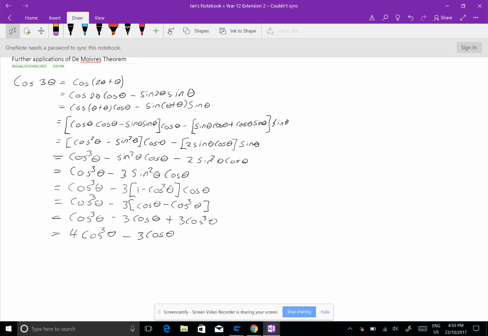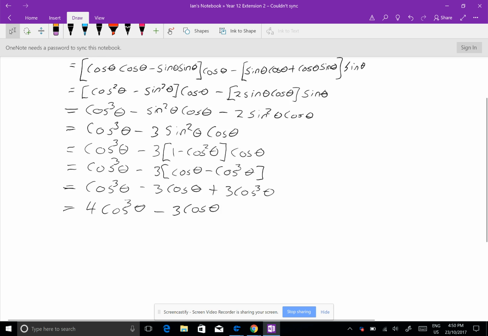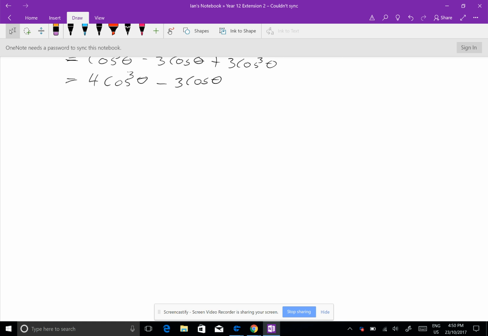There is another way. So let's use de Moivre's theorem. Let's start with cis 3 theta. If we apply this, we know by de Moivre's theorem that's cis theta cubed.